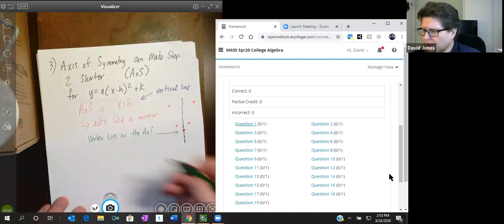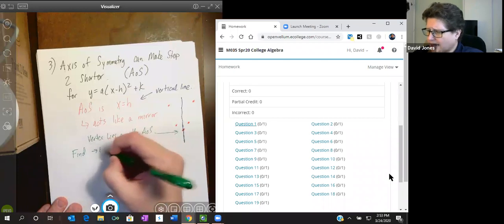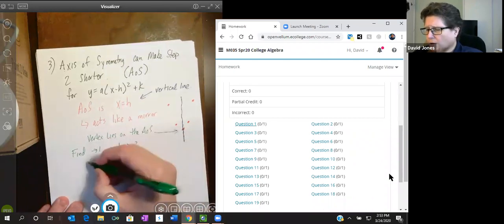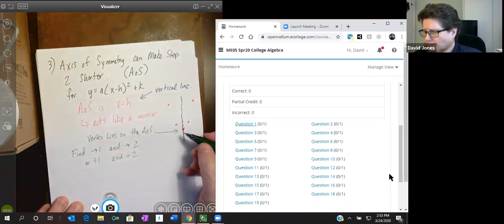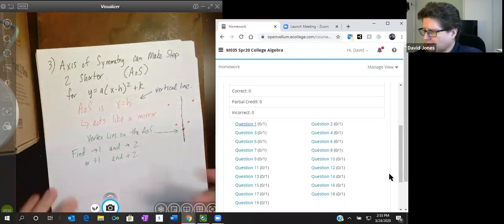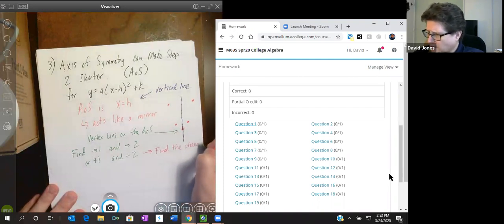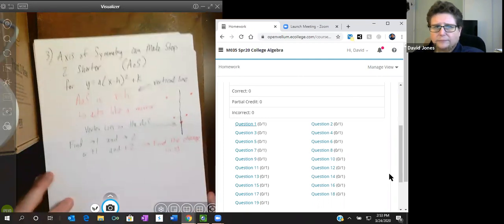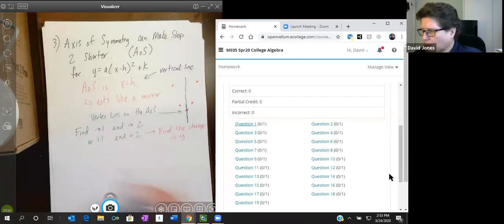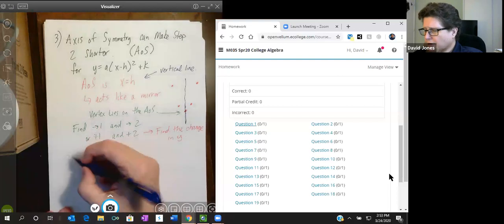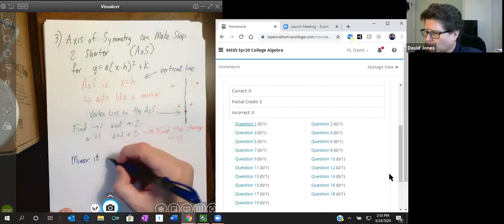So all we need to do is really just plot or find going right 1 and right 2, or plus 1 and plus 2. Find the corresponding y, find the change in y, and then mirror it across the axis of symmetry, or reflect it.